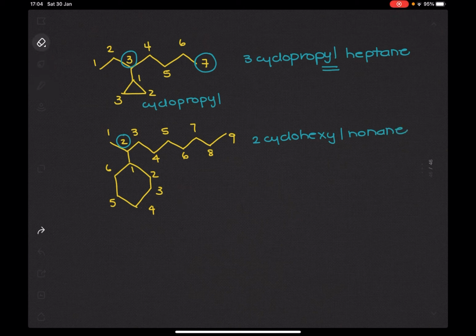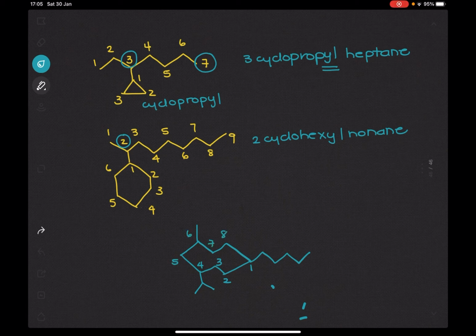So the other one, let's see this last structure. We would have this structure right here. In this case, I don't know very well how many carbons my cyclo has, so let's start counting them. I have 1, 2, 3, 4, 5, 6, 7, 8.